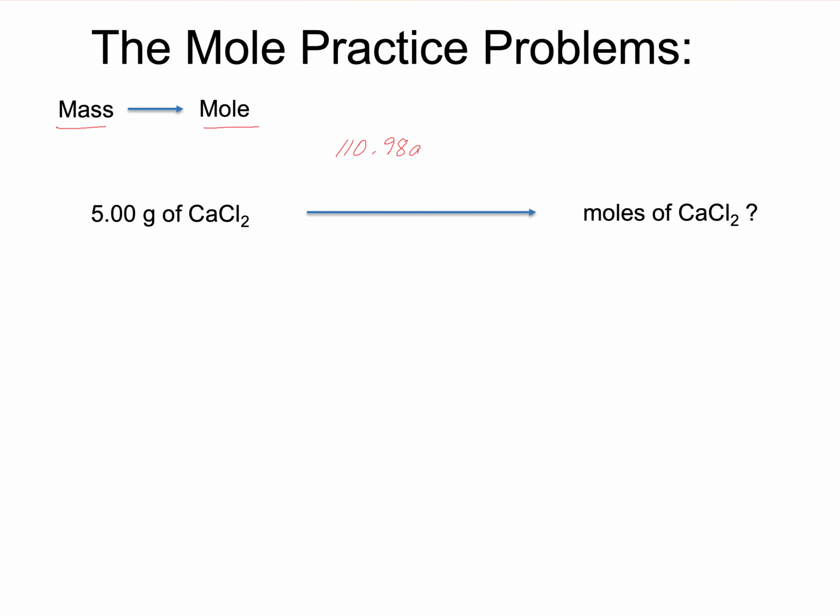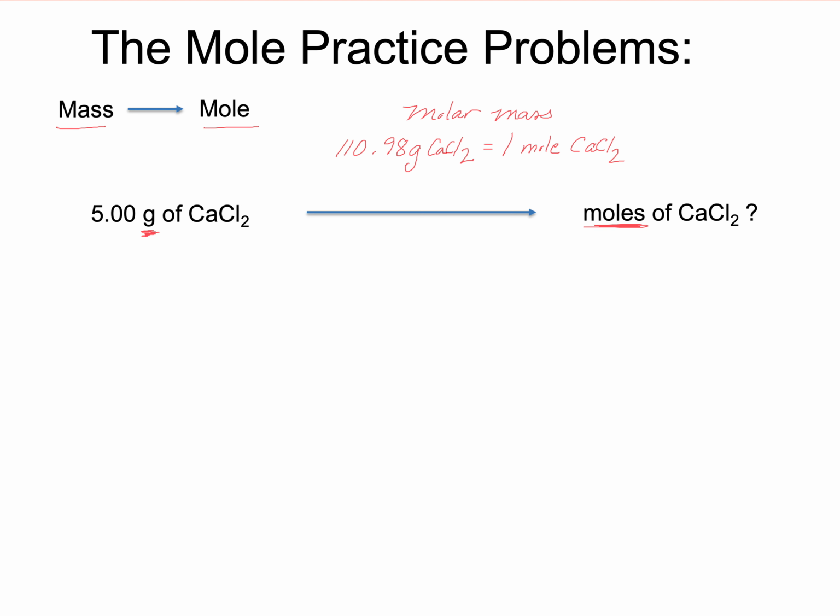Now we're going to say 110.98 grams of calcium chloride is equivalent to 1 mole of calcium chloride. So that molar mass that we have now extrapolated from formula mass is our conversion factor from the units of mass of grams to moles.